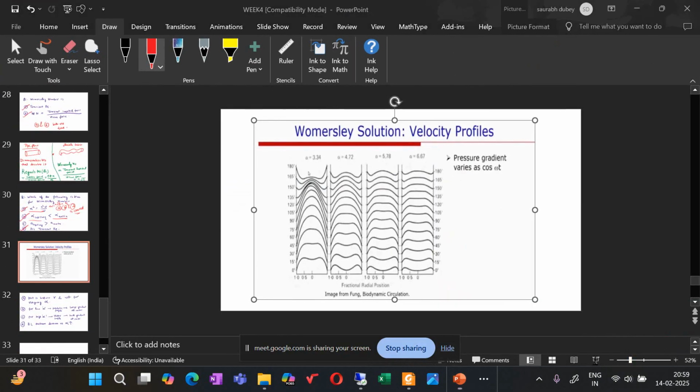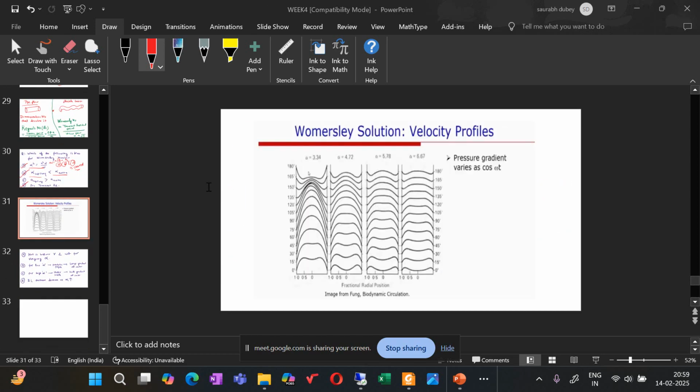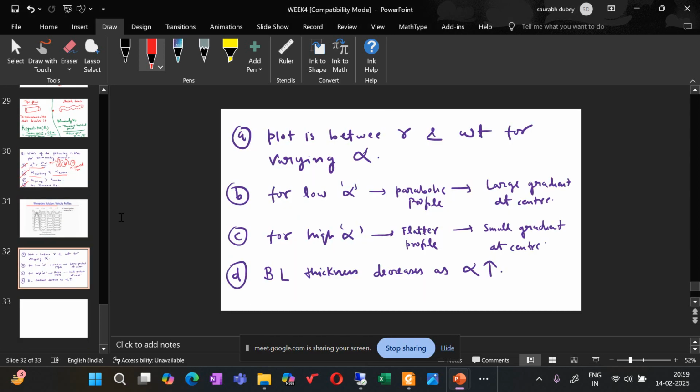If you see, okay, in this one there is some delay. If you see this plot, what is it about? The plot is between R and omega t, right?